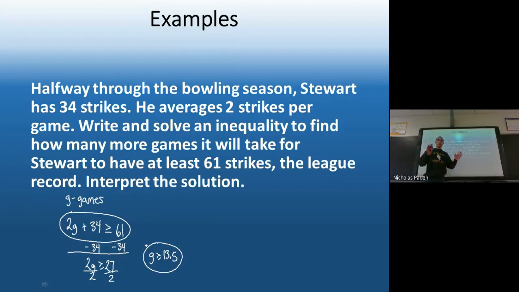They might stop and say, congratulations, you got the record, but they don't have to stop the game after the record is broken. And so 13 and a half games just means it's going to take him 13 games, and then about halfway through the 14th game, he'll have the record. Then he can keep playing because G is greater than or equal to 13 and a half. So it could be 14, 15, 16, it can be anything above that.